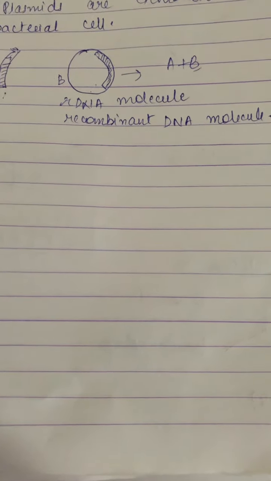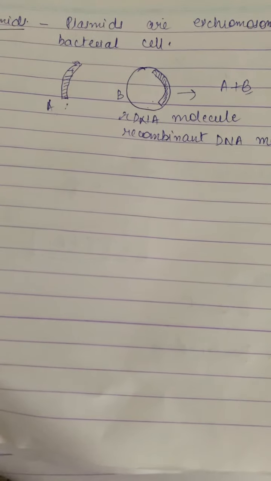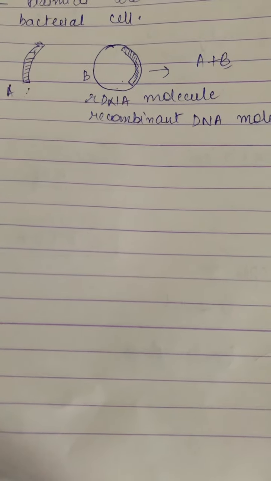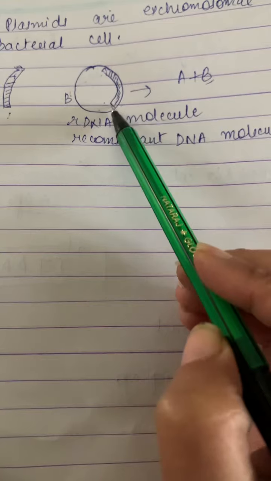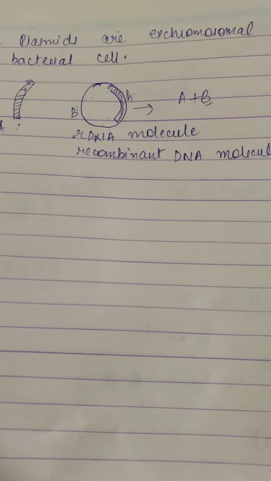Is it clear? Apart from recombinant, you can also call it a hybrid or chimeric DNA, which consists of additional foreign DNA. So this A DNA is the additional foreign DNA, and here we have the recombination of both.